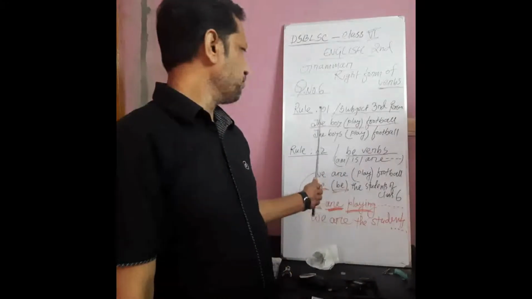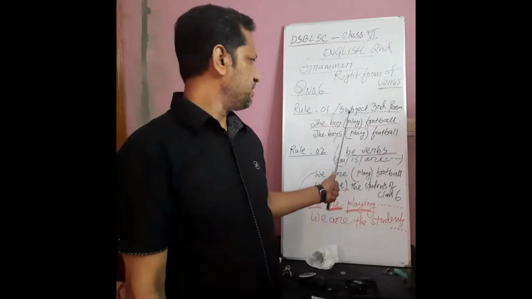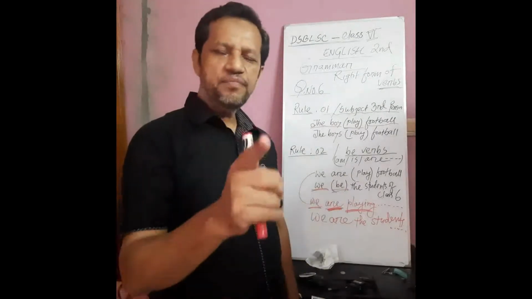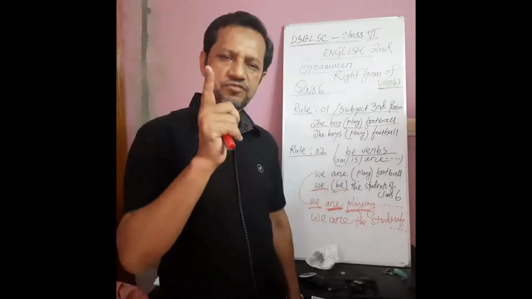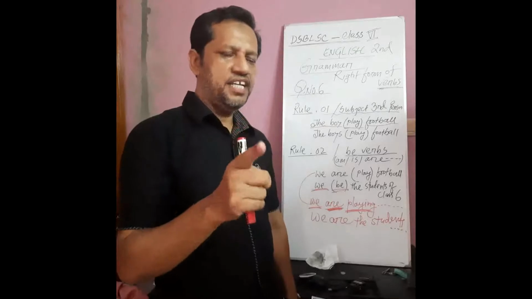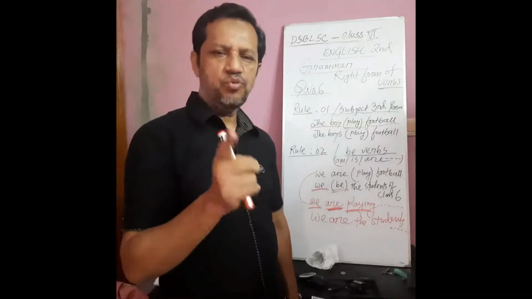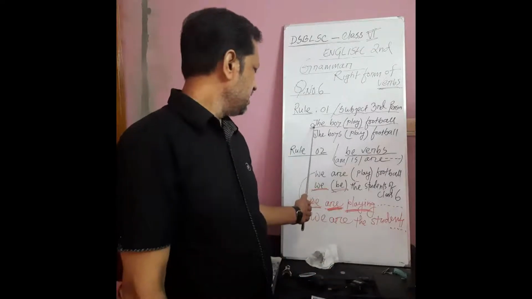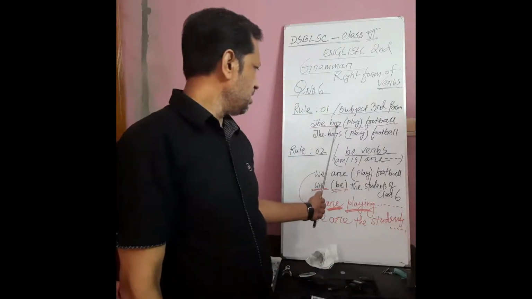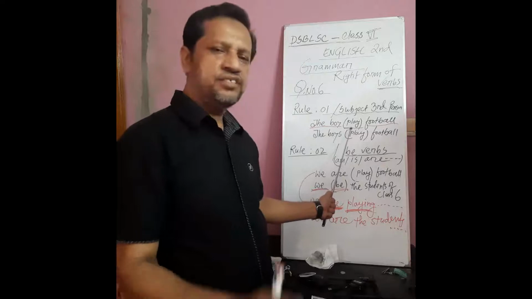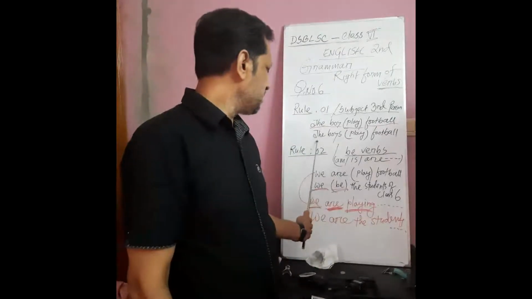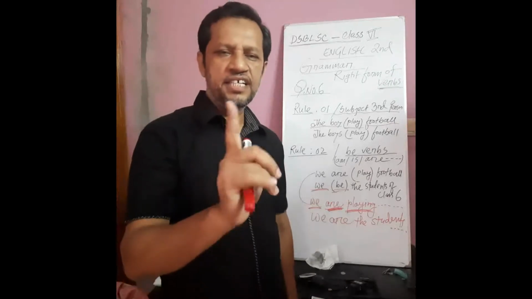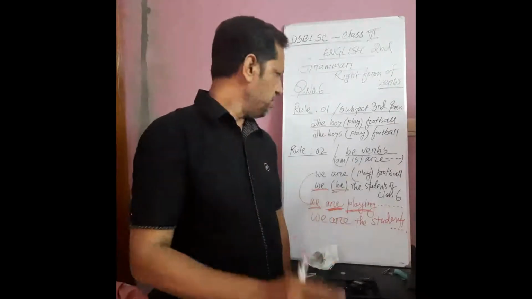One is if the subject is third person singular, and if the subject is third person plural, in the present indefinite tense what happened? You have noticed that if the subject is singular you have to add s or es. If the subject is plural you need not add s or es with the main verb.